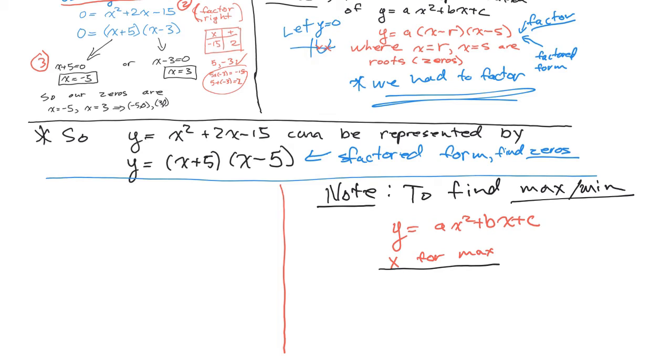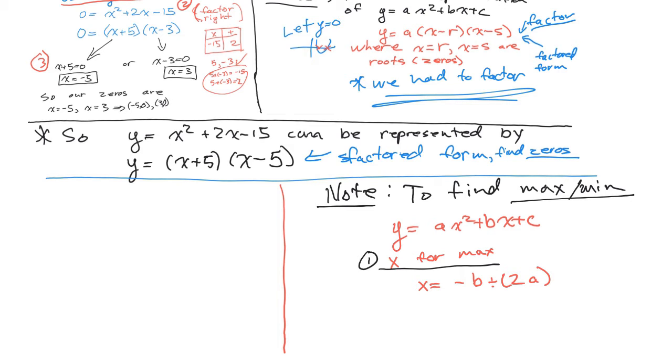You have to do this first. Step 1: find the x value for the max. Are you ready? x is equal to negative b divided by 2a. That's it.